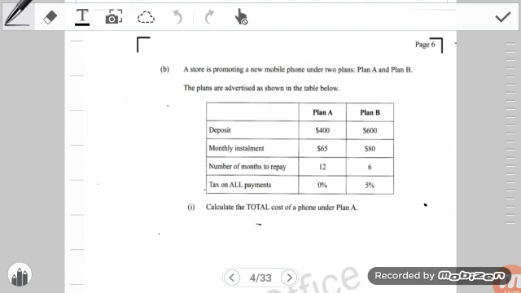Now, if I look at the table clearly here, I can clearly see that for Plan A, and this is something that we have experienced as consumers in the real world, guys. We often go out where we see two different things that are being offered to us, whether it be a product or maybe it's something that we want to buy with a certain amount of price, maybe it has discount.